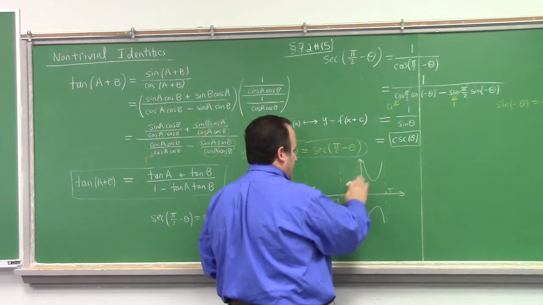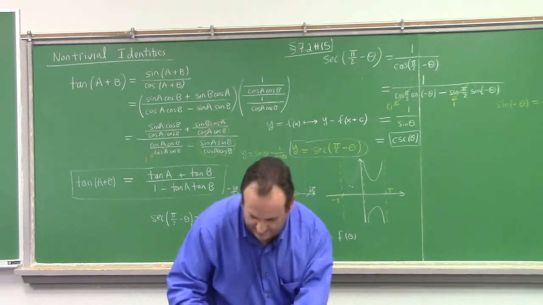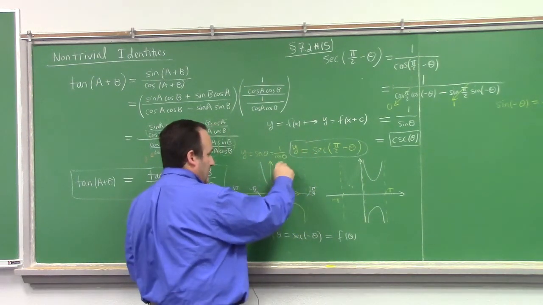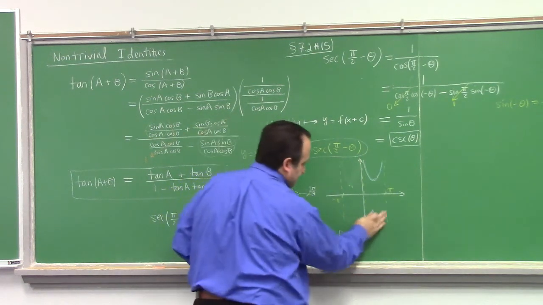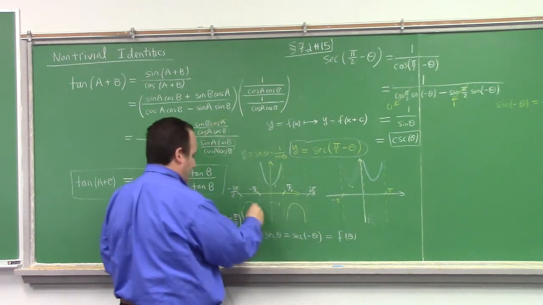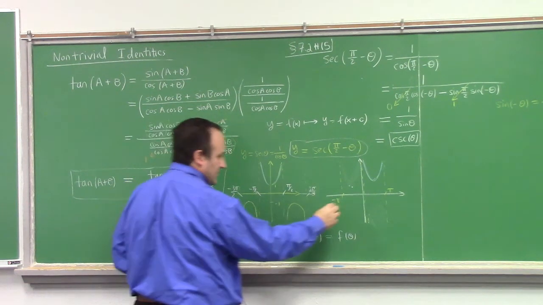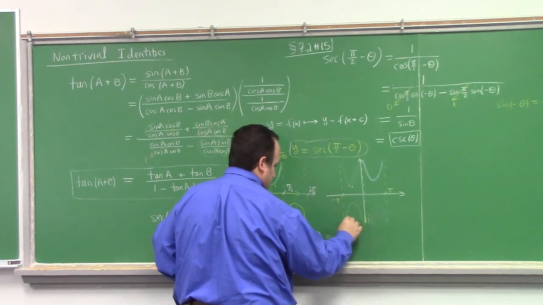Let me color code what's going on here. I'm taking this one and moving it over here, right? And this one over here is translating to here. Wiggles for artistic purposes only.